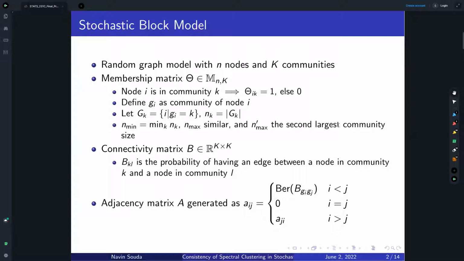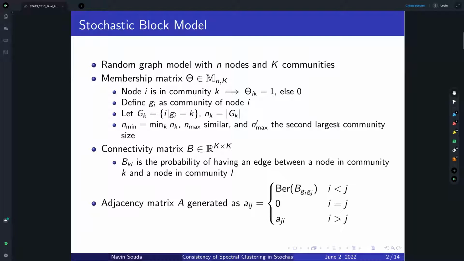The other part of our parameterization is the connectivity matrix B, where the kl entry in B is the probability of having an edge between a node in community k and a node in community l. The important thing to note here is that B is symmetric, so there's no difference in these probabilities depending on the order of the communities.